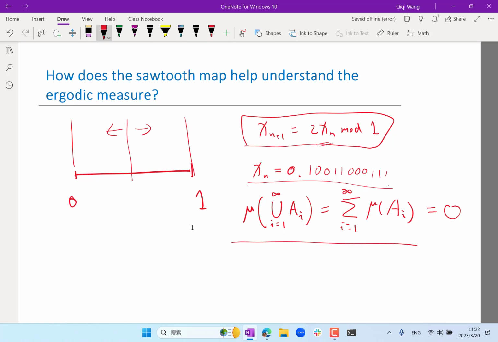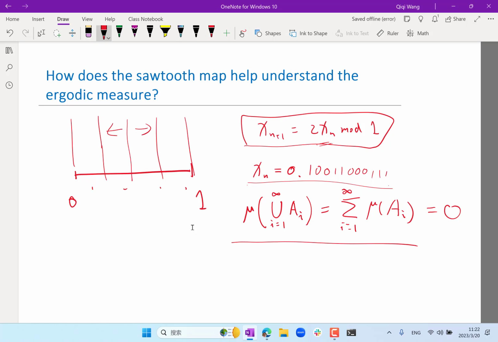How about the second most significant digit? What is the likelihood of being 0 or 1? Again, it's half, and it's independent of the first significant digit. What that means is that the probability of this measure on each of the 4 quarters is exactly half times half.